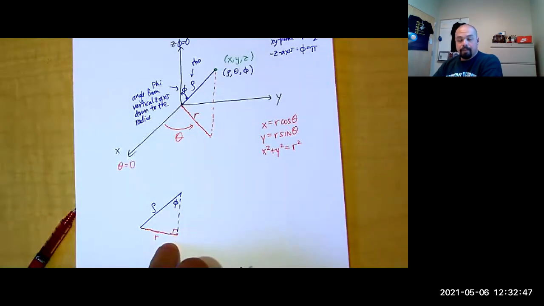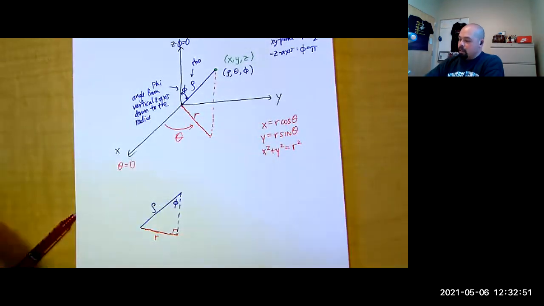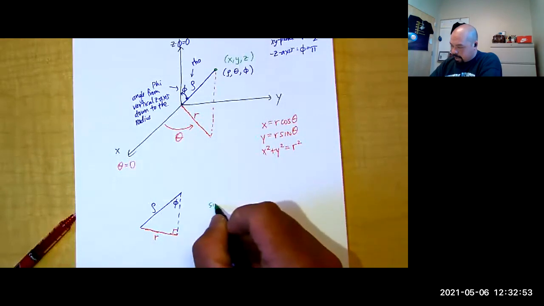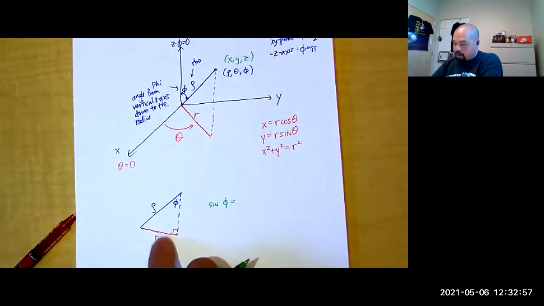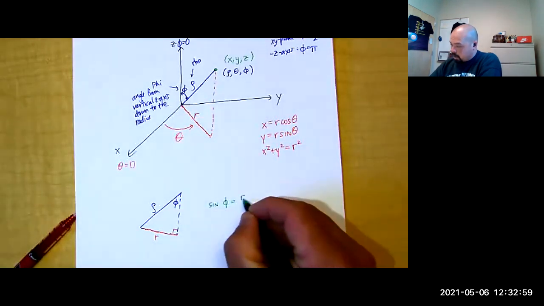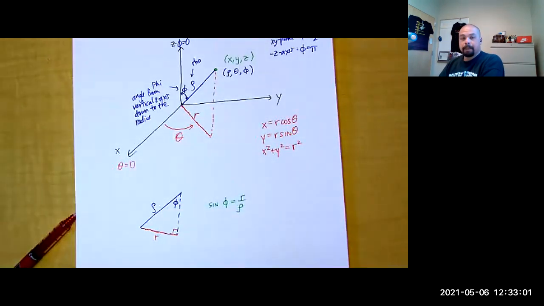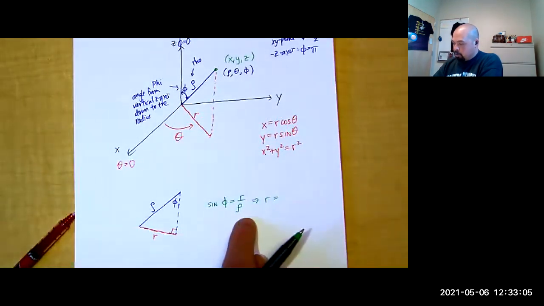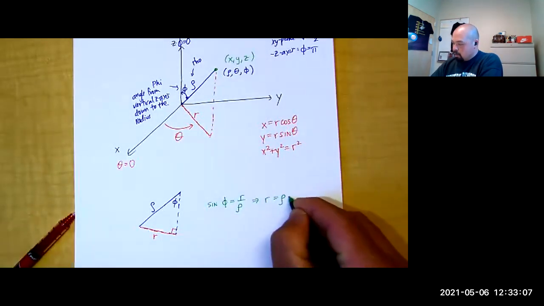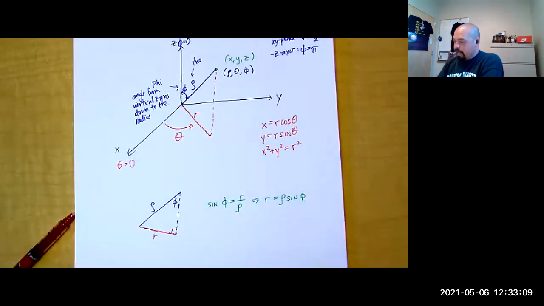So if we look at that, there's my angle. Notice that the sine of that angle phi, opposite over hypotenuse, is r over rho, or this is equivalent to seeing that r, multiplying both sides by rho, equals rho sine phi.